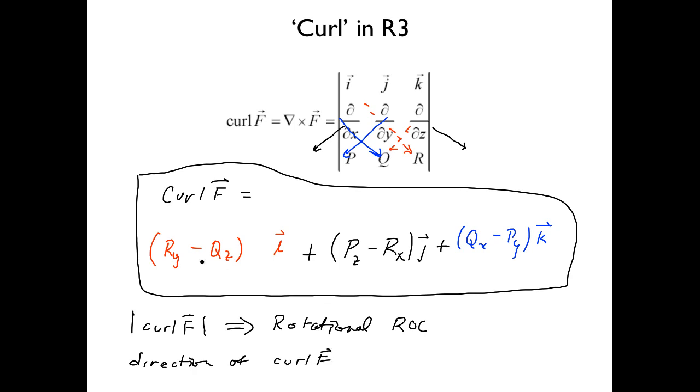Yeah, but this is going to be a three-dimensional vector, right? So at a given point in space, in your three-dimensional vector field, your curl is going to be a vector like this. The magnitude of that vector is the rotational rate of change at that point. What would the direction of that vector give you then?